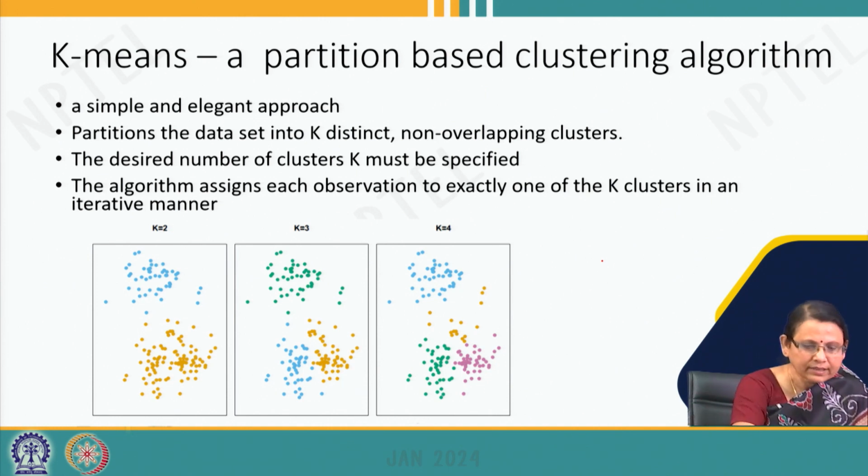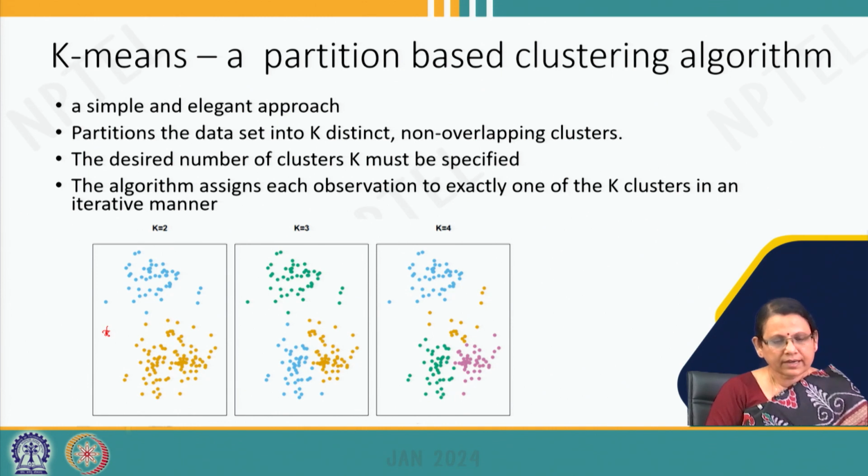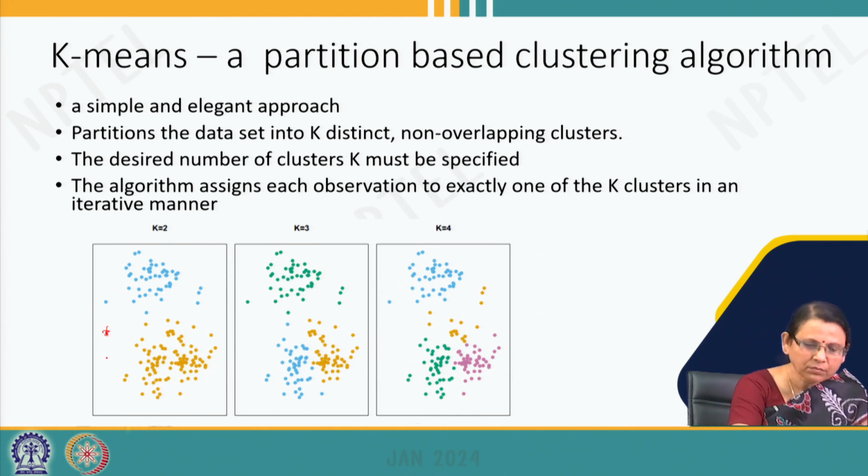Let us say in this you have a point, this one. It appears that this does not belong to any cluster. However, the algorithm will put it either in this cluster or this cluster, depending on whichever distance is less.